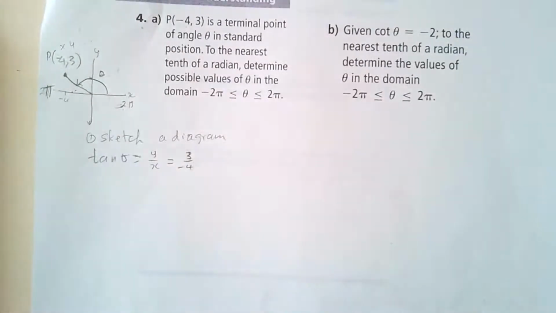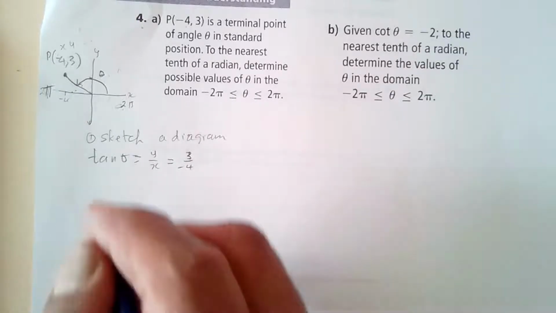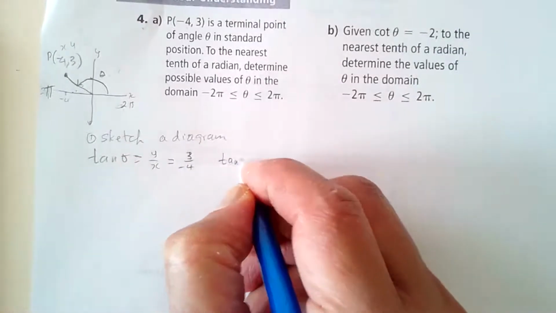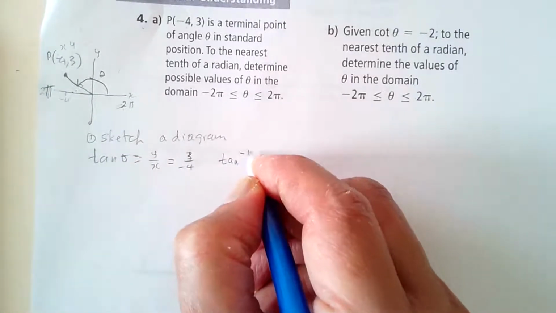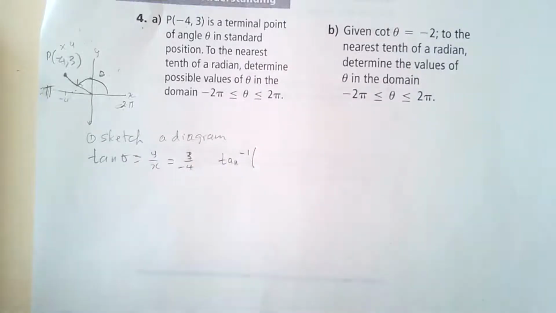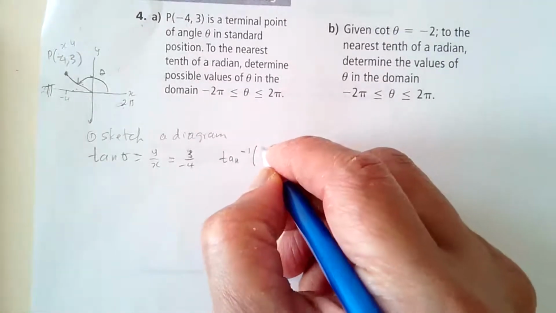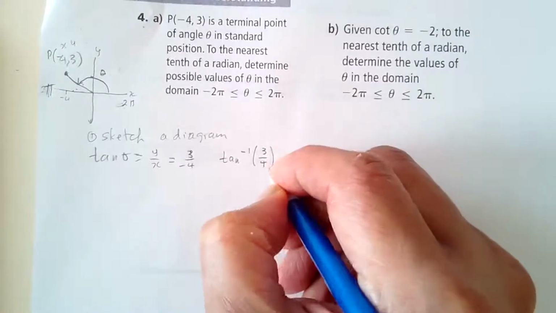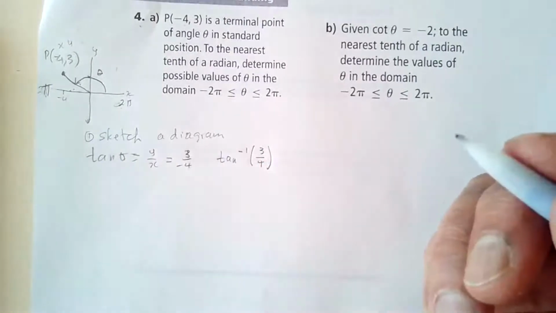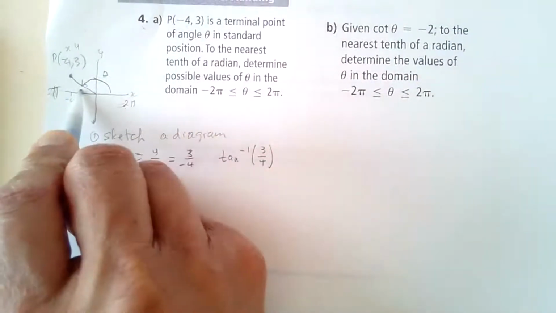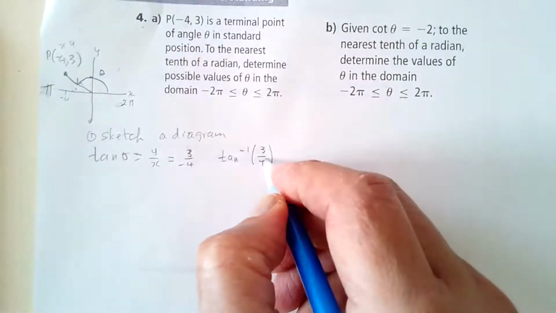So the reference angle is tan inverse of 3 over 4. If you use the negative, you'll have a negative answer, but this is a vector quantity, so we make this positive.